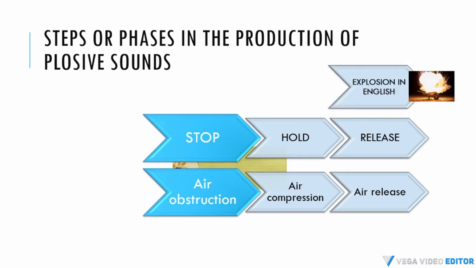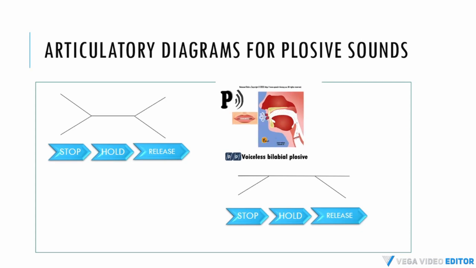In English in particular, that release is produced with an explosion because the air that has accumulated is very strong. Well, here we can see some articulatory diagrams for plosive sounds, the ones that we have seen in class.